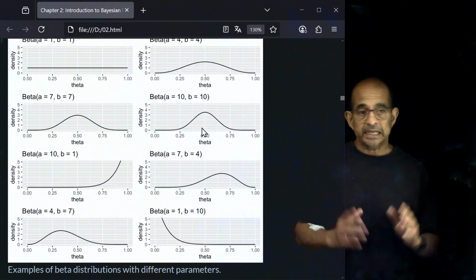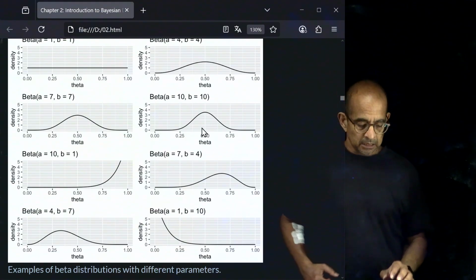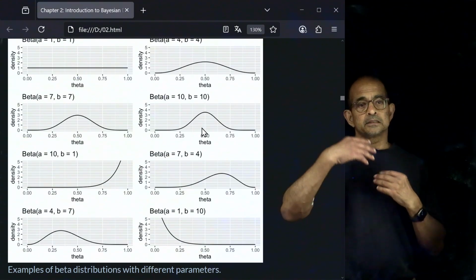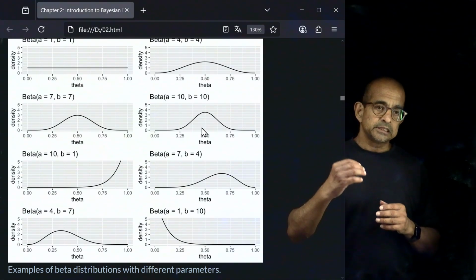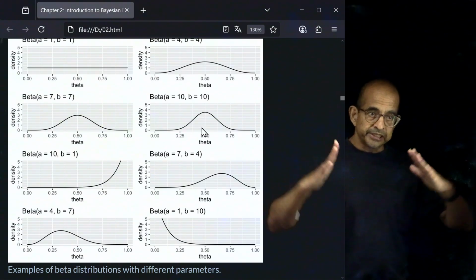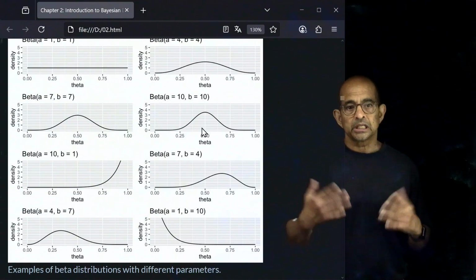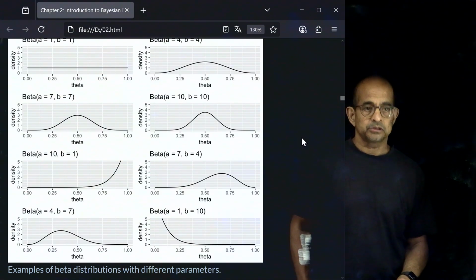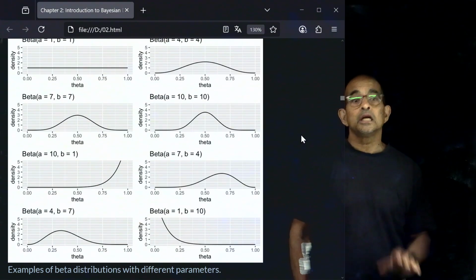So I'm going to unpack in great detail how you decide on the prior distribution much later, but right now we just need to understand what the A and B parameters do to modulate the shape of the beta distribution and what they express about our beliefs about the theta parameter before we have seen the data, right?